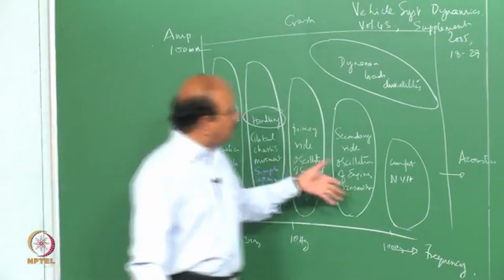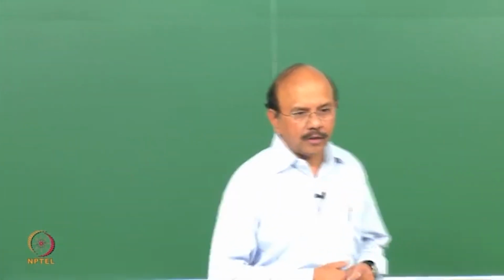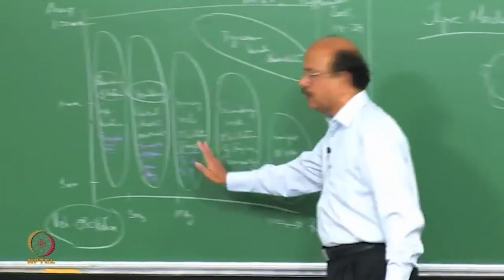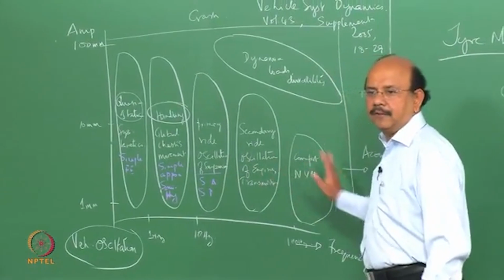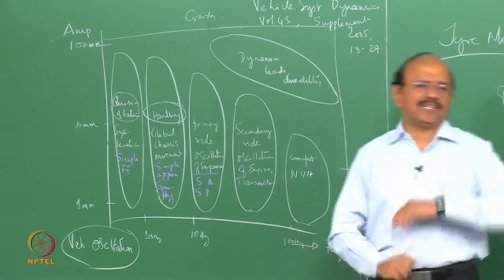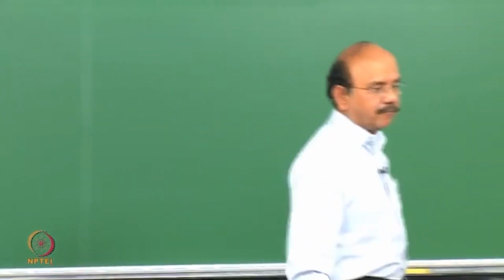So this is very important for us to look at, right? The tire models that are used are different in the different frequency ranges. You have today a set of tire models which can handle different frequencies.